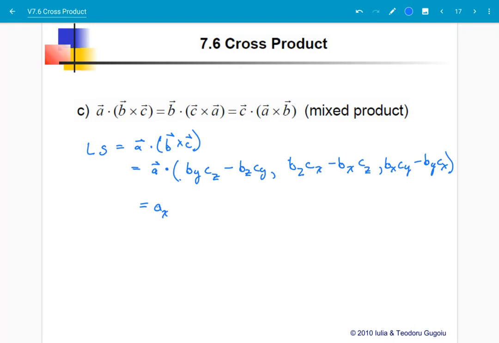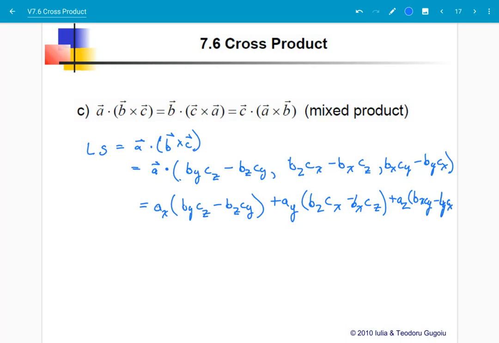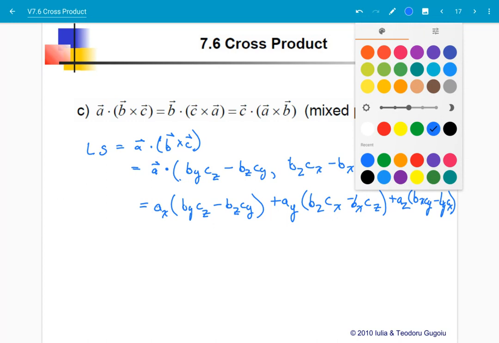So that we multiply AX times BYCZ minus BZCY plus A sub Y times BZCX minus BXCZ plus AZ times BX CY minus BYCX. Okay.